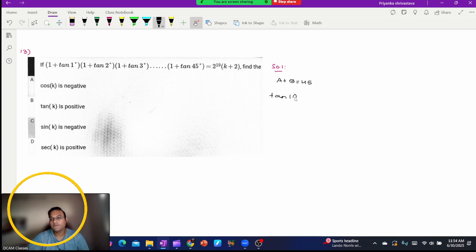You apply tan on both the sides. Tan 45 is 1. Tan a plus tan b over 1 minus tan a tan b. So taking 1 minus tan a tan b from the denominator to the right side.